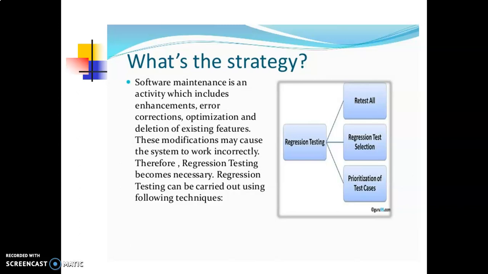Select a subset of test cases T dash from an existing test suite T that covers the software components affected by the modification. Test the modified program P dash with T dash to establish the correctness of P dash with respect to T dash. Next, examine the test results to identify failures. Then identify and correct the fault that caused the failure. And the last step is to update the test suite and test history for P dash.